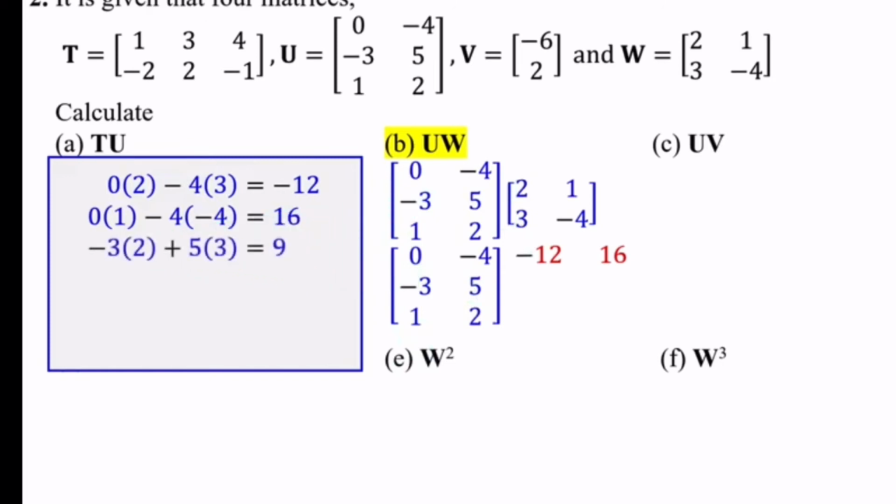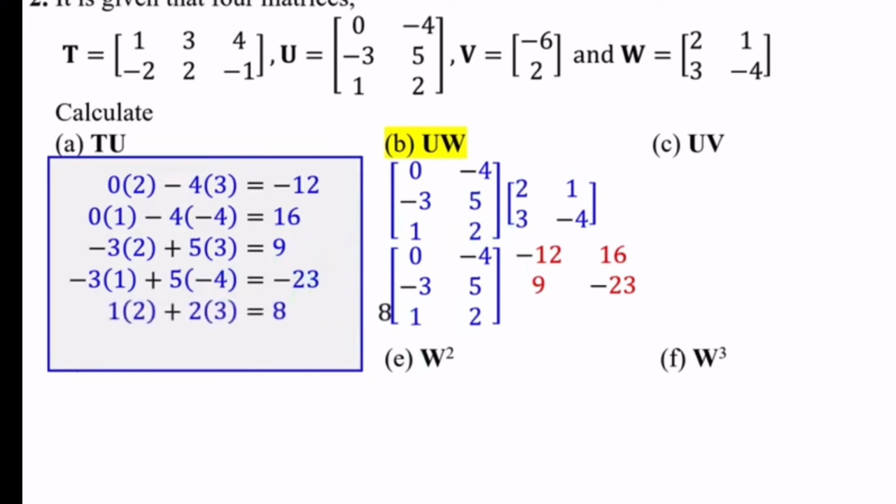And then we have negative 3 times 2 plus 5 times 3, which is 9. Finally, we have negative 3 times 1 plus 5 times negative 4, which is negative 23. Okay, so that's the order of multiplication of the two matrices.